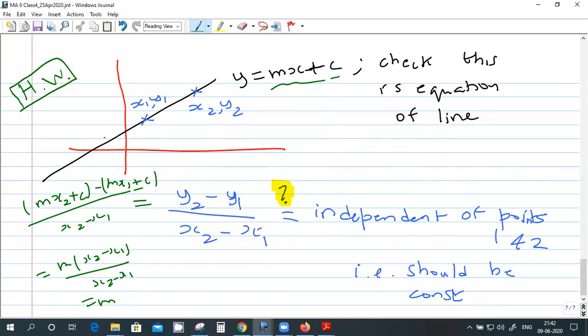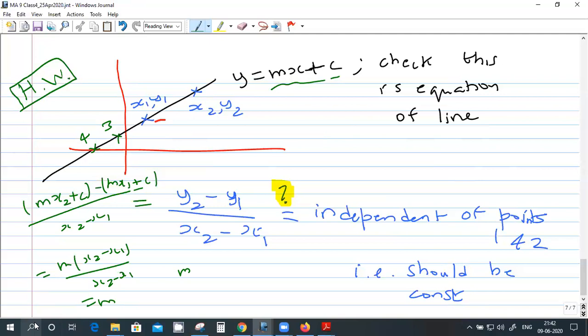Only m. So even if we take 2 points here, point 3 and point 4, the slope will turn out to be m. If we take any 2 points, the slope is the same, and that is by definition a straight line.